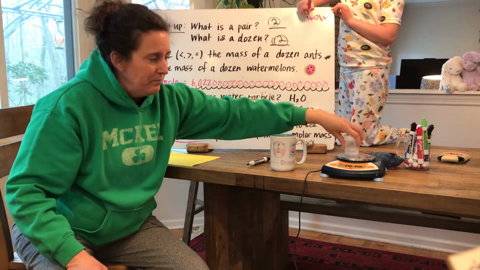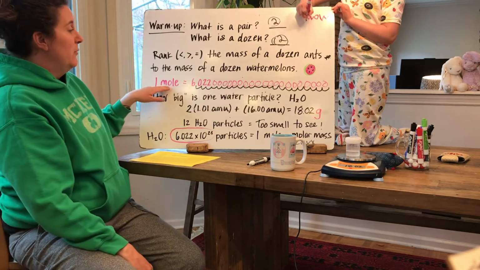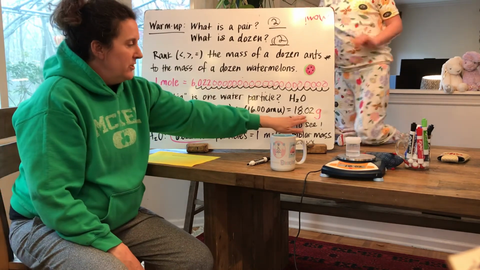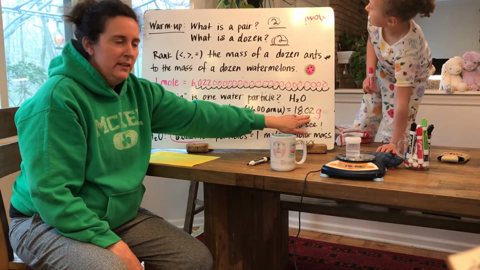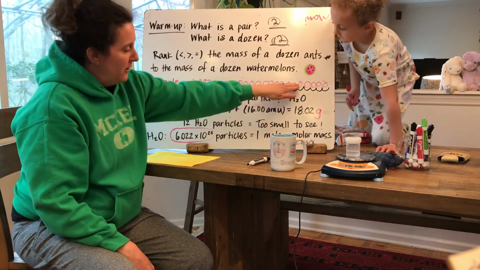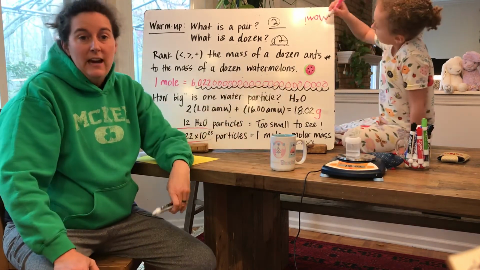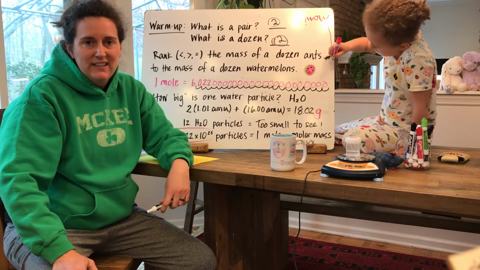So obviously, it's much easier to say one mole of water or measure 18.02 grams, which is the equivalent of this many particles, than it is to count the number of particles in that container.